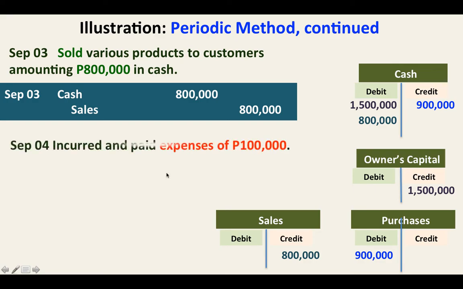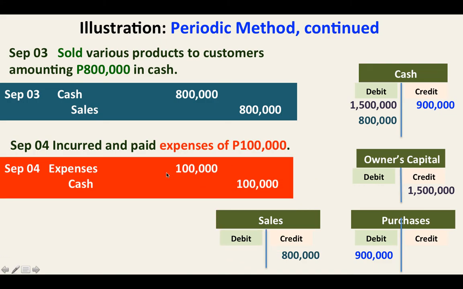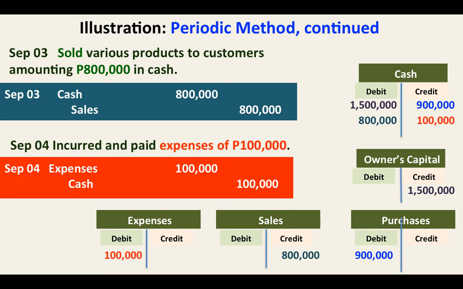Next, we have incurred and paid expenses of 100,000. So we debit expenses and credit cash, and let's plug this in our T account. Now let's prepare financial statements. Let's prepare first our income statement.